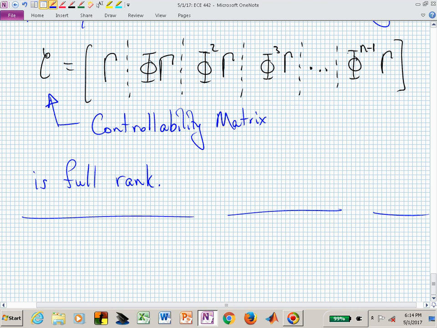It will be square. And if we have a square matrix and we want to know, does it have linearly independent rows? Well, if its determinant is non-zero, it has linearly independent rows, or linearly independent columns. It's the same check.